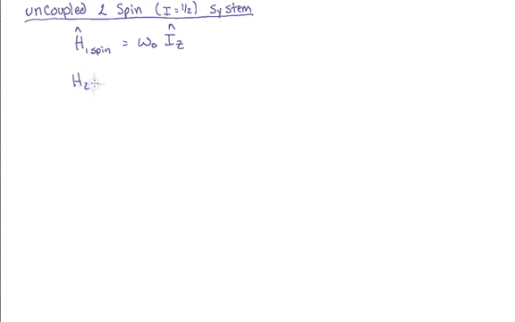So for two spins, we basically reproduce this twice, keeping track that each spin can have a different frequency, and also different angular momentum. So this is for no coupling between the spins.